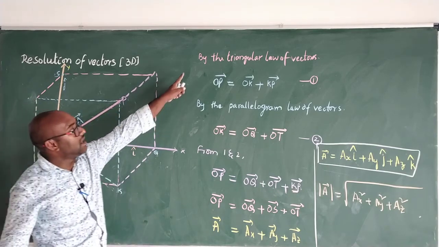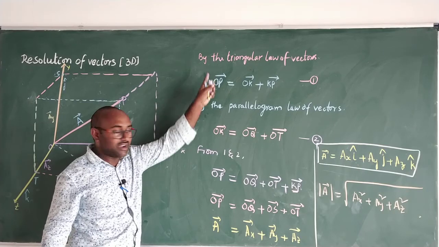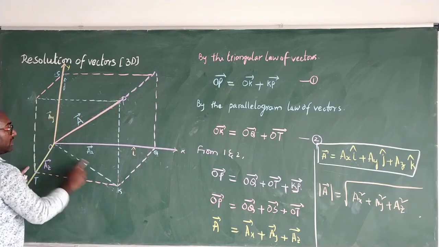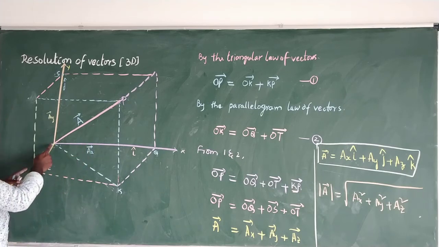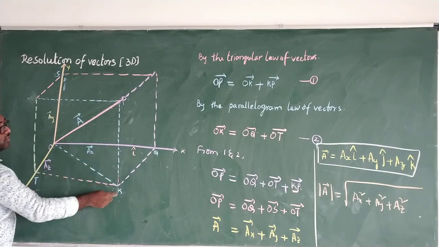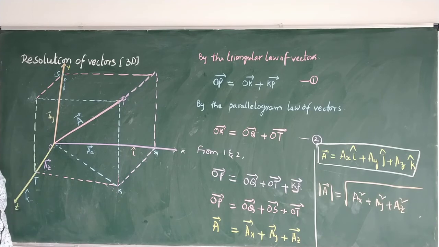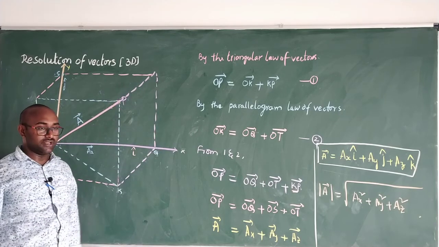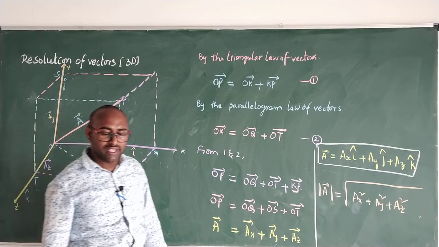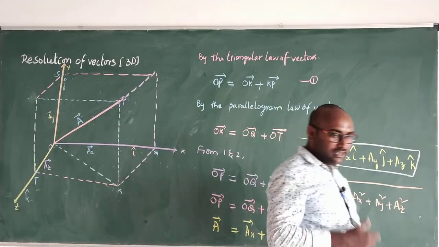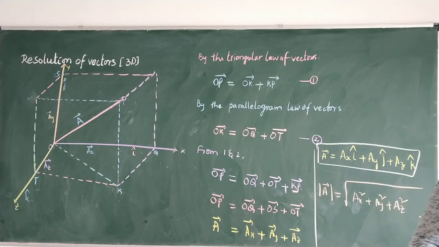Here we are using the triangular law of vectors for the OKP triangle, and the parallelogram law of vectors for the OTKQ parallelogram. So finally I got the answer. A is equal to AX I cap plus AY J cap plus AZ K cap, and its magnitude is under root AX square plus AY square plus AZ square. Right? That's all.